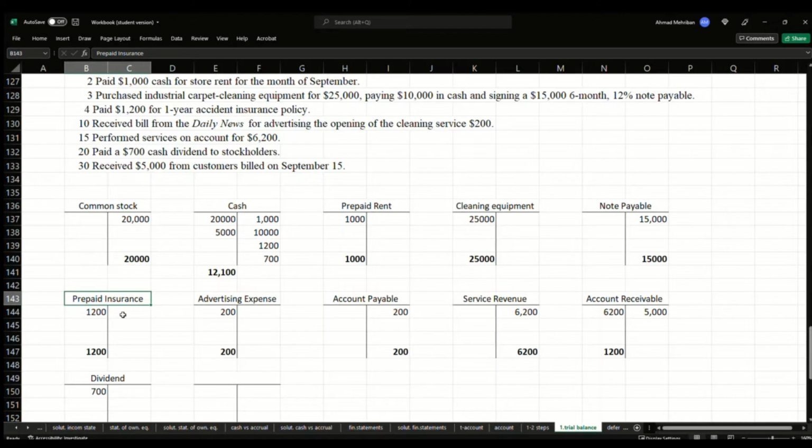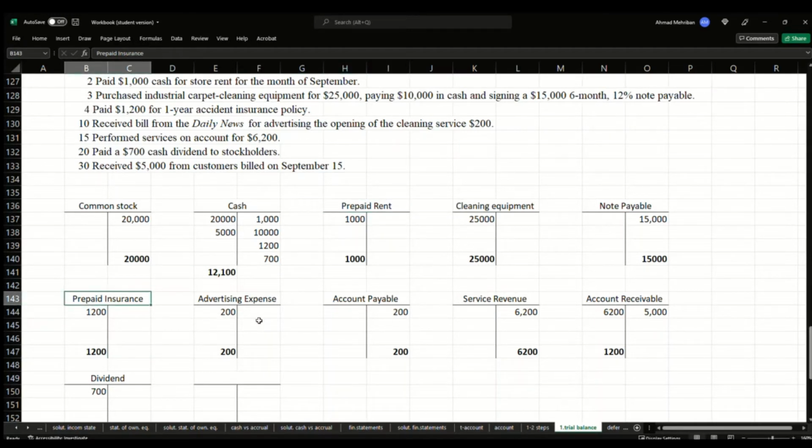Every month I will have to reduce it through a credit of $100, and by the end of the year there will be zero balance on the prepaid insurance. However, we will increase the insurance expense account by debiting it. So this is a second example of the accounts that we will deal with.